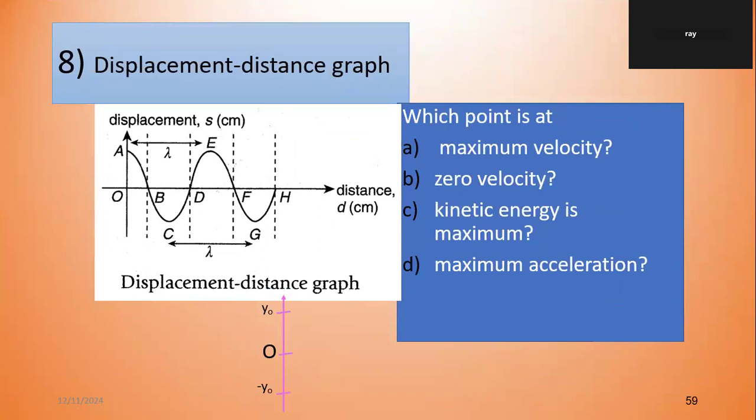Which point is at maximum velocity? Make sure you try the rest yourself, if not I will ask you next week. Maximum velocity, treat it as a displacement-time graph. Which point?